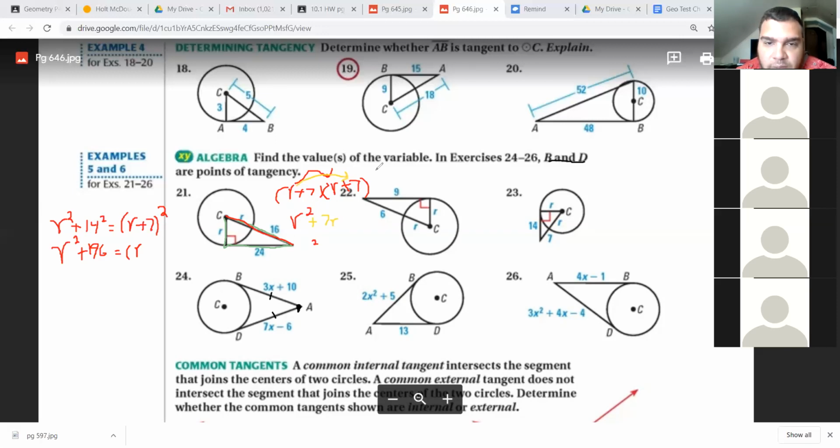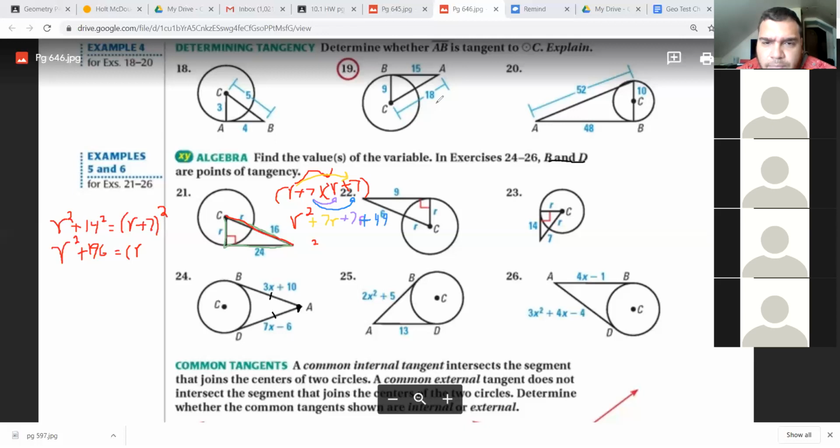Good. Abby, what's 7 times r? 7r. Good. And then Zach, what is 7 times 7? 49. Good. It's just 49, no r.